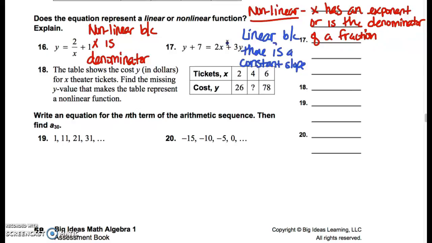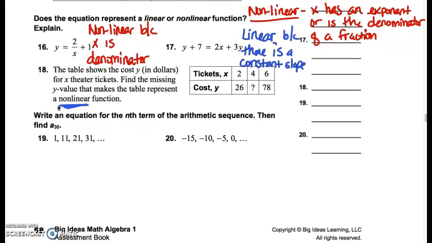Now, 18. The table shows the cost for theater tickets. So 2 tickets is $26, 4 tickets, we don't know. 6 tickets is $78. It says find the missing y value that makes the table represent a non-linear function.